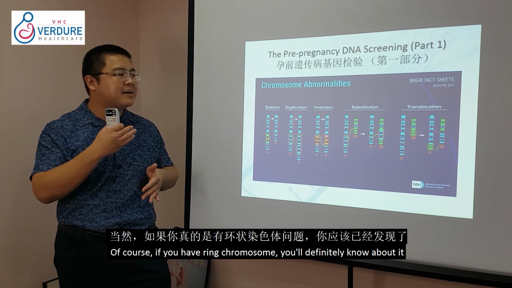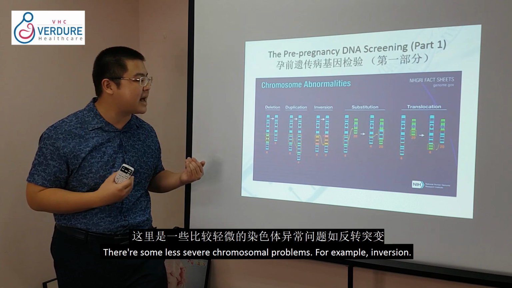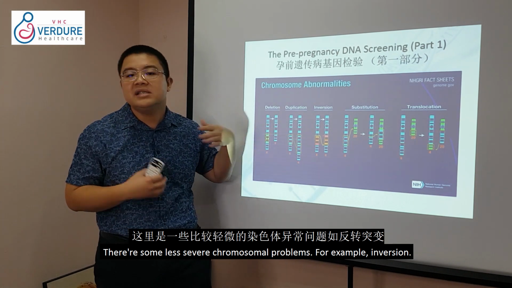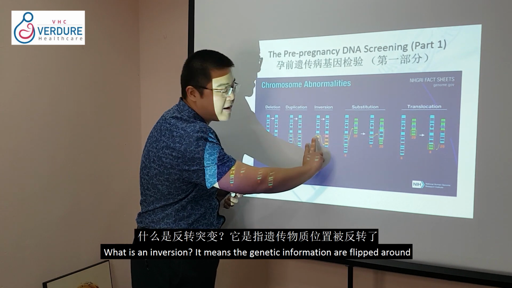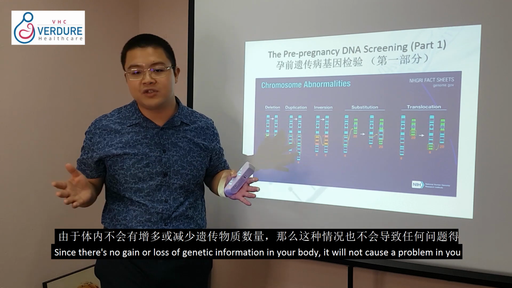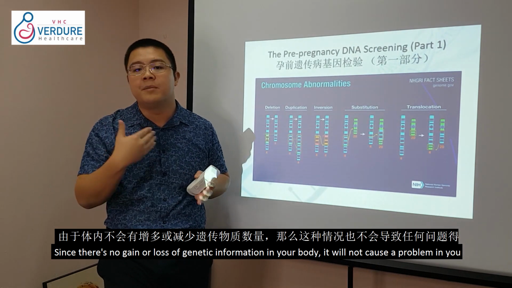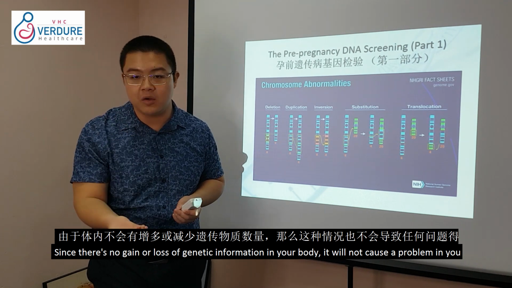But there are some less severe chromosomal problems. For example, inversion. What is inversion? It means that 2 regions of the chromosome have been flipped around. Because there is no gain or loss of genetic information in your body, it will not cause a problem in you.